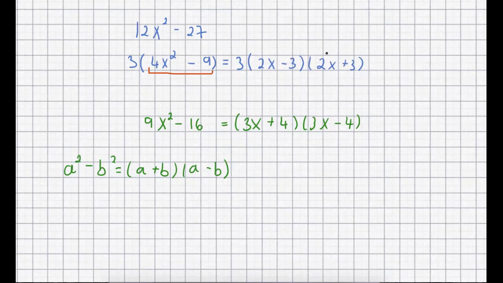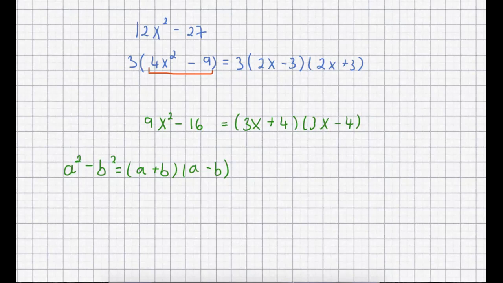12x בשנייה, פלוס 27. So what's the גורם משותף? 3.